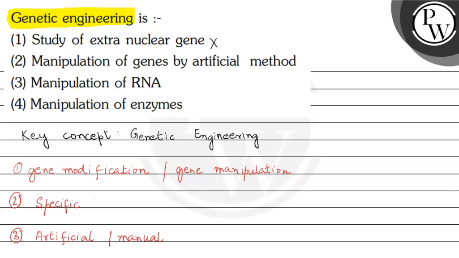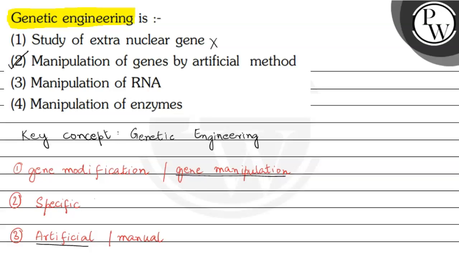The second option says manipulation of genes by artificial method. This is the right option because in genetic engineering, we manipulate the gene according to our own needs. So it is gene manipulation and it is an artificial method. So genetic engineering is manipulation of genes by artificial method.